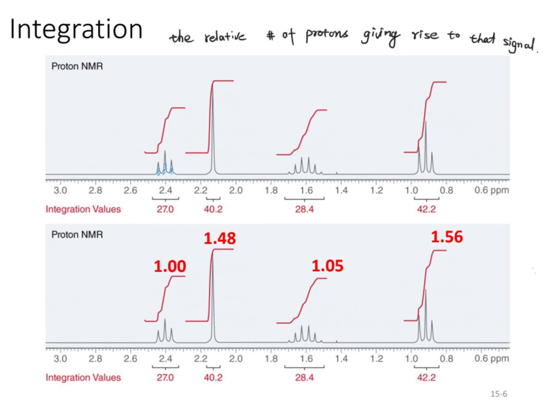What we will do here is take a ratio. If you divide all these numbers by the smallest number, so we consider this as 1, divide by 27, you get 1 and about 1.5, 1 and 1.5. That means the proton number giving all these four different signals has a ratio of 1 to 1.5 to 1 to 1.5.